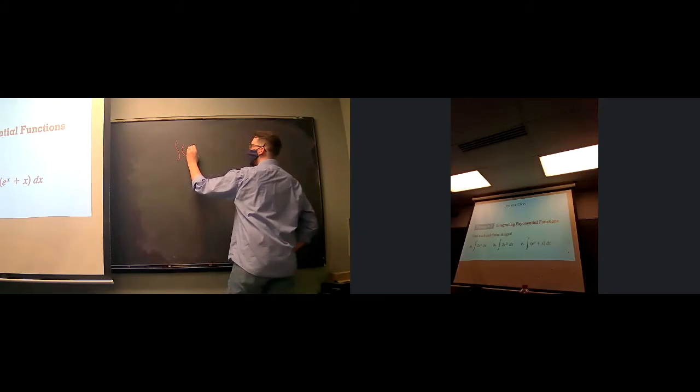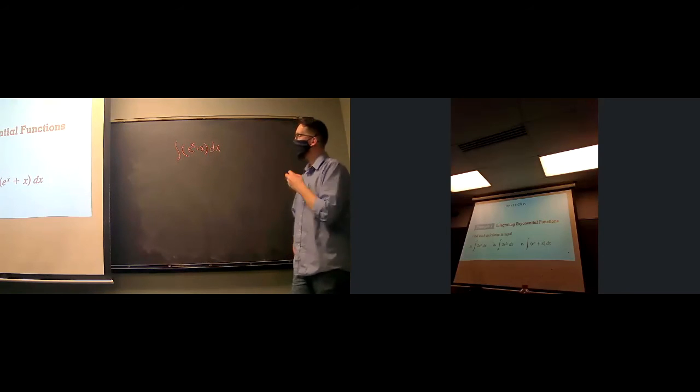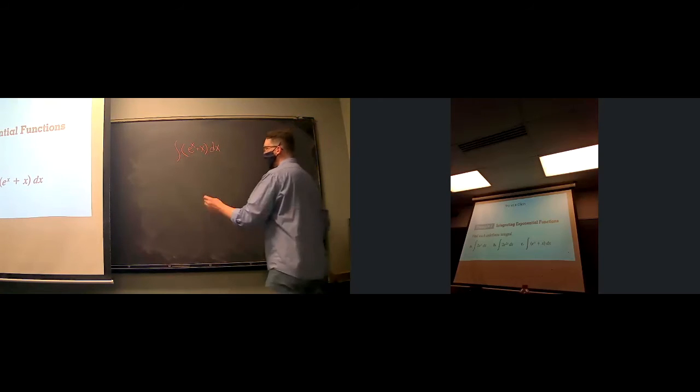Did anybody get e to the x plus 1/2 x squared plus c? The way we're going to go about this, we're going to use that sum and difference rule.